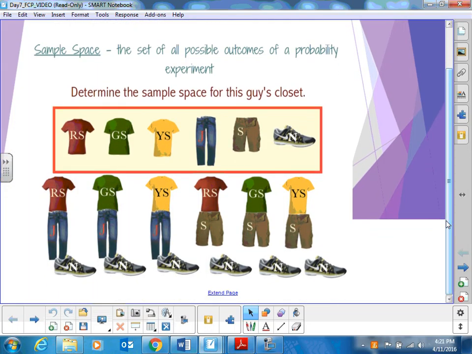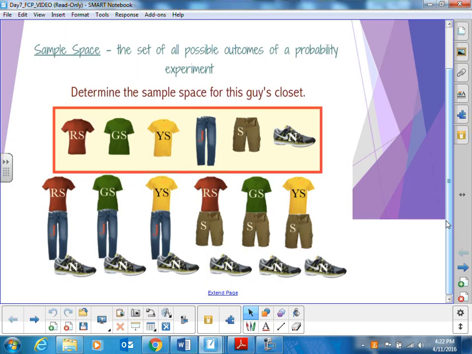Well, you could put your jeans with a red shirt, jeans with a green shirt, jeans with a yellow shirt, or you could put your red shirt with the shorts, your green shirt with the shorts, and your yellow shirt with the shorts, and of course your tennis shoes are with every single one. So if you count those, your total number of outcomes could be 1, 2, 3, 4, 5, 6. So your sample space is 6, or your outcomes are 6.